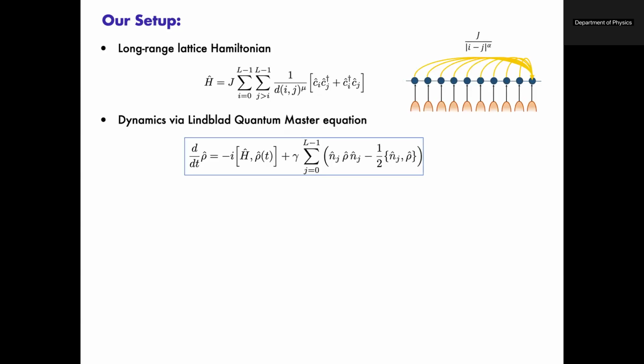What about dephasing, which is one way the system interacts with the environment? I modeled that through a Lindblad equation, and earlier you saw something with L. But now those L's I write as n's. What is n_j? These are the local, each site, particle number. Why is it called dephasing? Because whatever number of particles is put in the system, it conserves that number of particles, since it commutes.